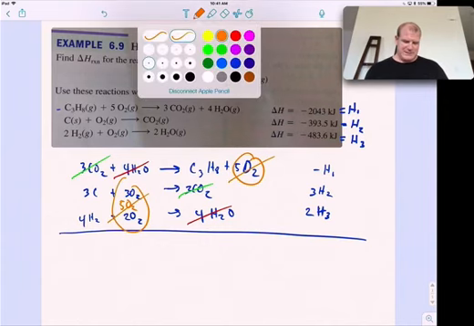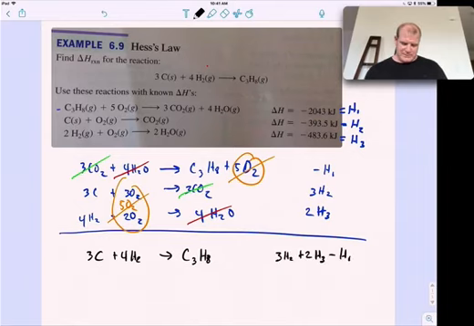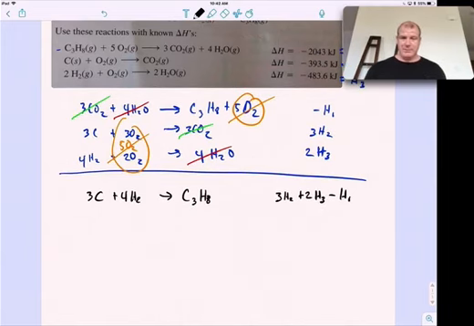And it's just like canceling things on a math equation. And what we are left with is 3C plus 4H2 yields C3H8. And then this is 3H2 plus 2H3 minus H1 in terms of the heat, and then you just go through and put those numbers in the calculator.